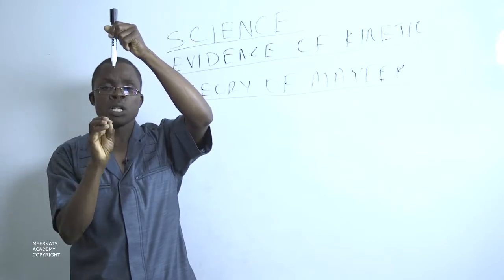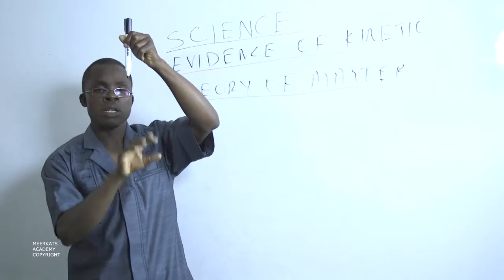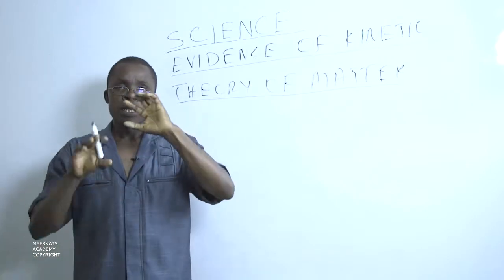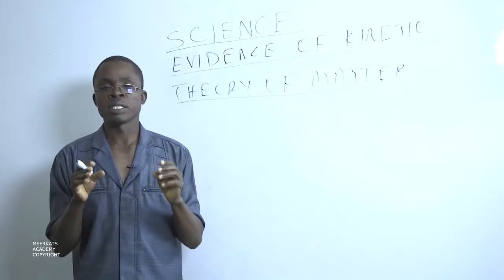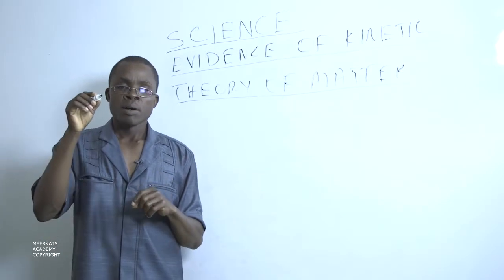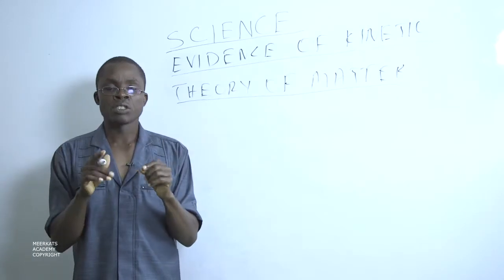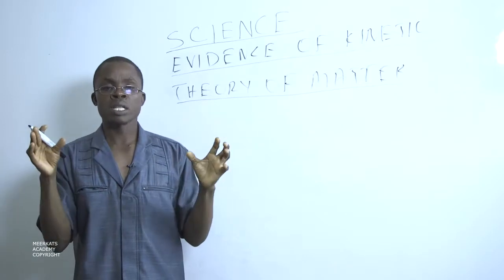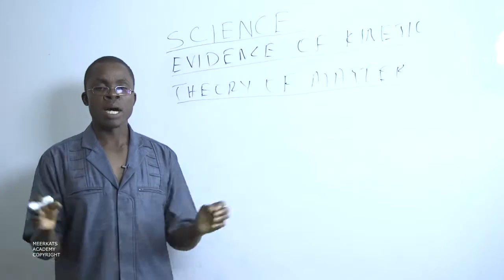If it is smoke, then it will be the smoke particles that will be sparkling as they move around. Why? Because in that container or in that room there is air, and air is a gas. A gas has particles that are moving in all directions, colliding with each other. So as they move around, they collide with the smoke particles, making them also move in the same zigzag manner.